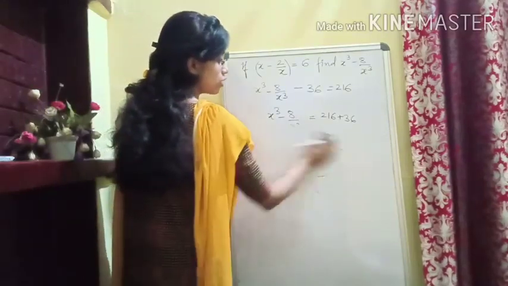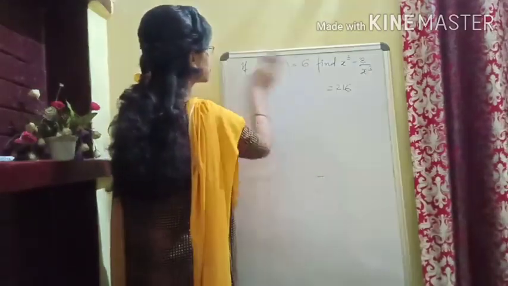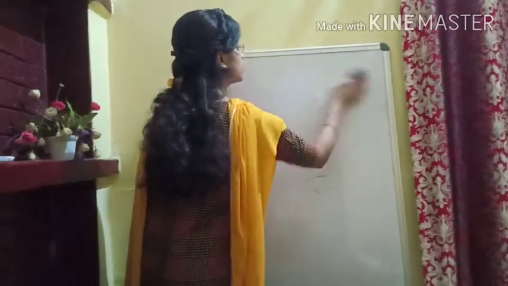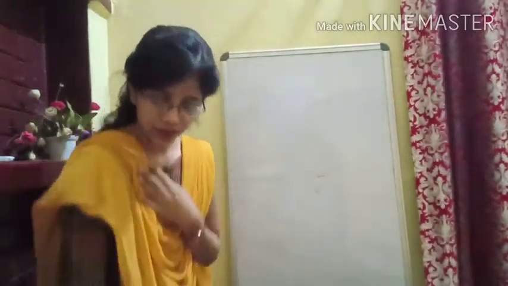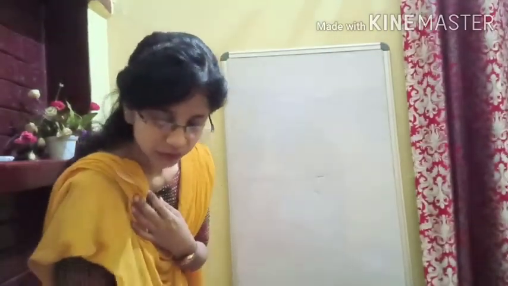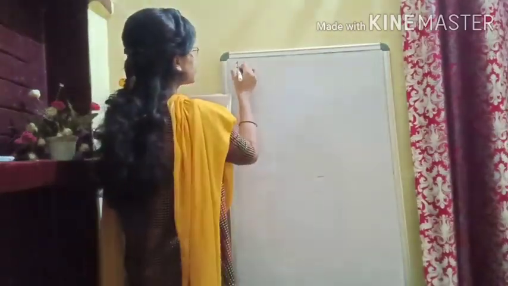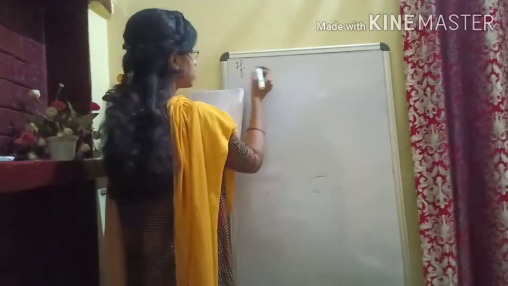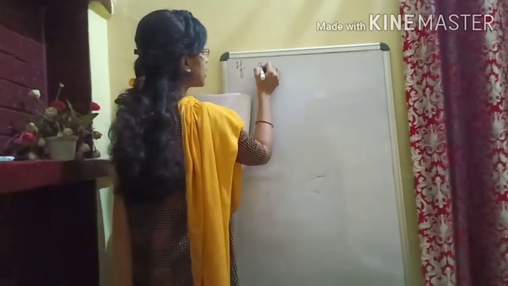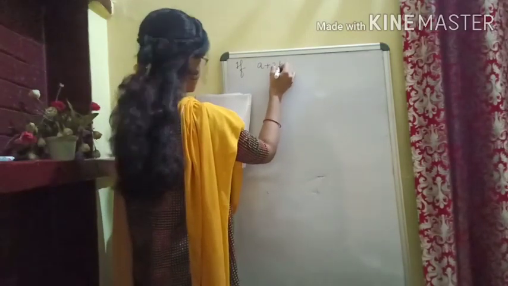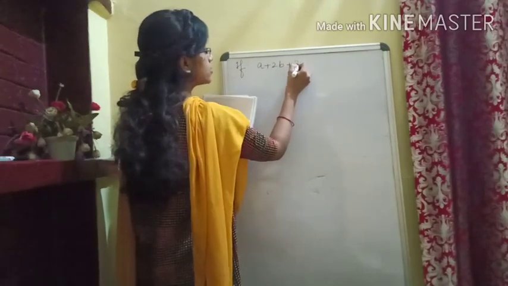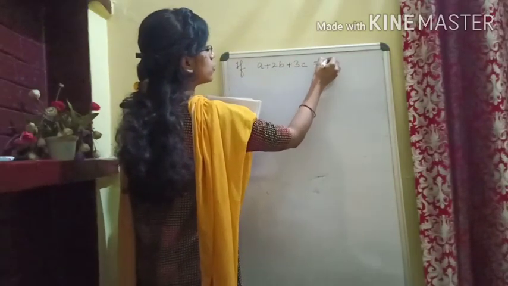Okay, now let us quickly see our next question. If you see the question, the given condition is a plus 2b plus 3c equals 0.